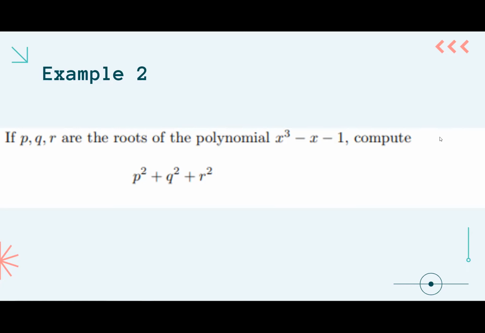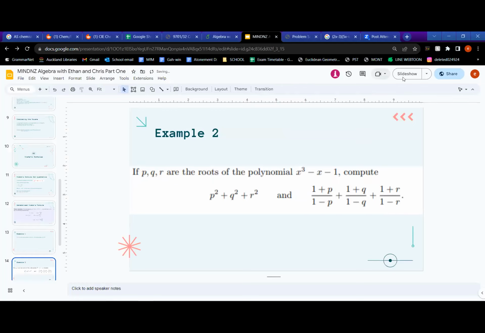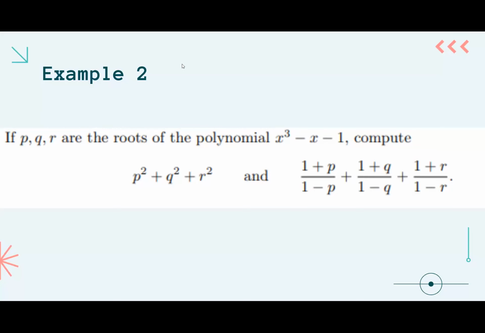But Ethan, do you want to unveil the other part of the question? Wait, was this too easy or something? Yeah, I just realized, I think this is a bit too easy. We've got to give him a bit of a challenge. Alternatively, we could make it p cubed plus q cubed plus r cubed. Okay, we can unbox the second part of the problem that we covered up earlier.